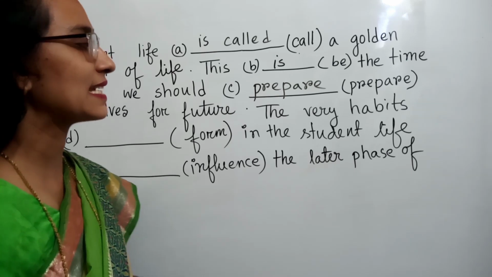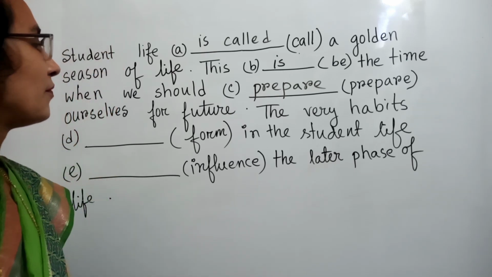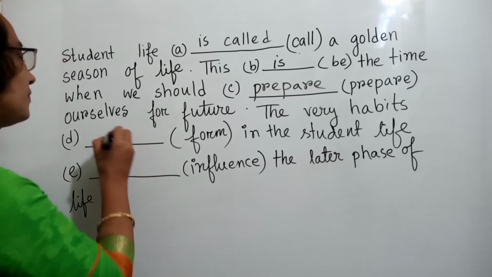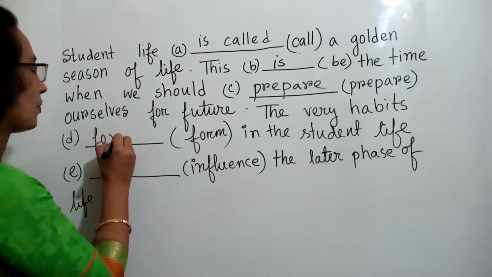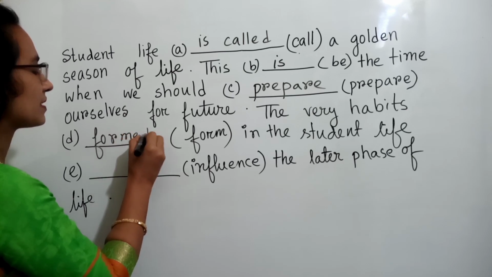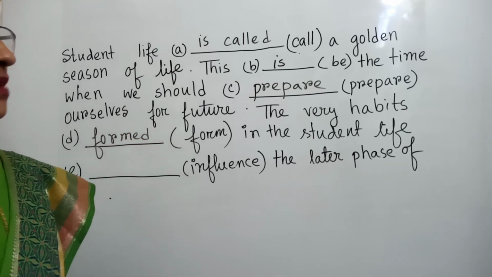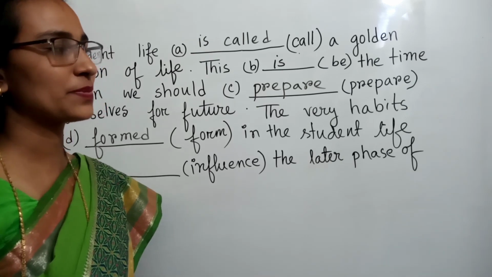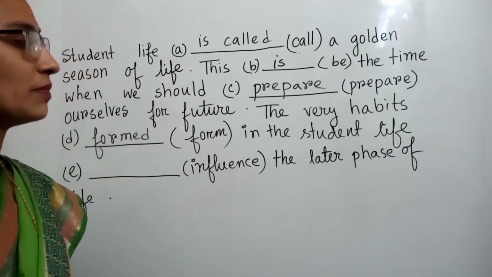The next sentence is: the very habits formed in the student's life. Here I wrote formed. When we see two verbs in a sentence, one verb will be a participle, present participle or past participle, and the second verb will be the main verb.